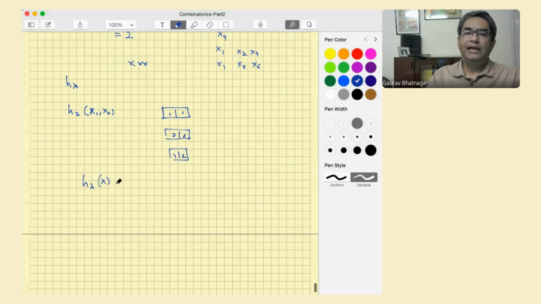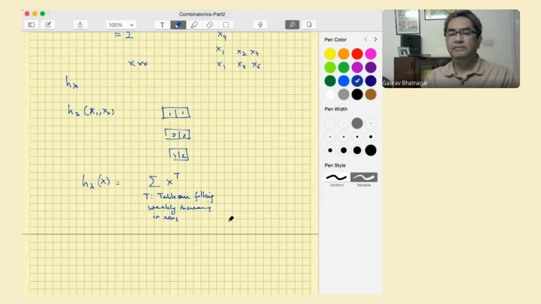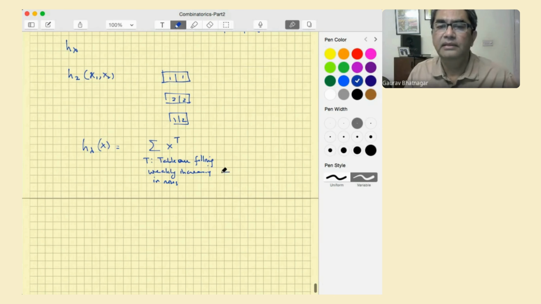So h lambda x is the summation of x to the t, where t is a tableau filling, weakly increasing in rows. So weakly increasing means non-decreasing.